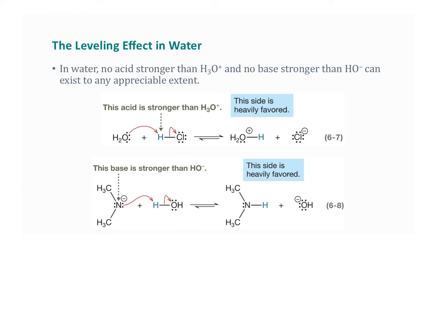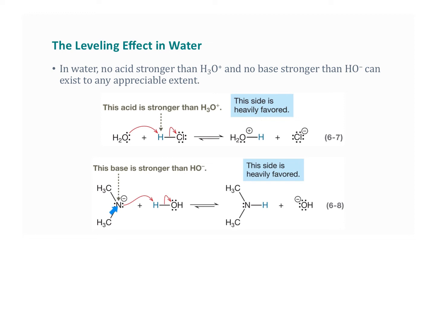Something similar happens when you use a base that's stronger than OH minus, like this little guy here, (CH3)2N minus. It's a base. It's going to remove a proton from water. And what you find is that the product side is really heavily favored because the acid on the reactant side, water, is a stronger acid than the one on the product side.